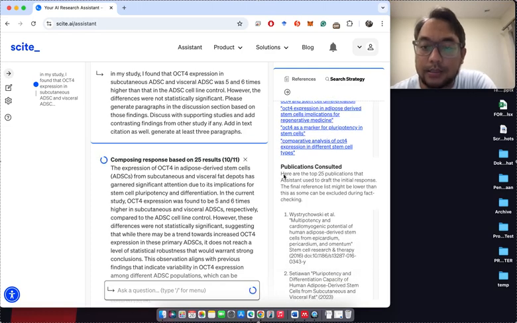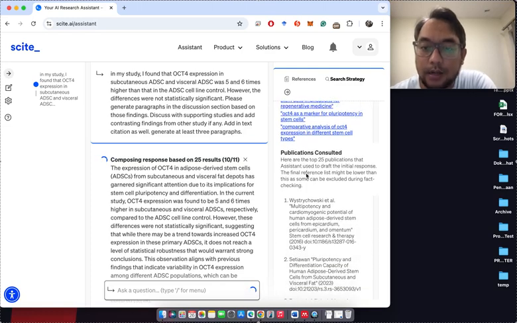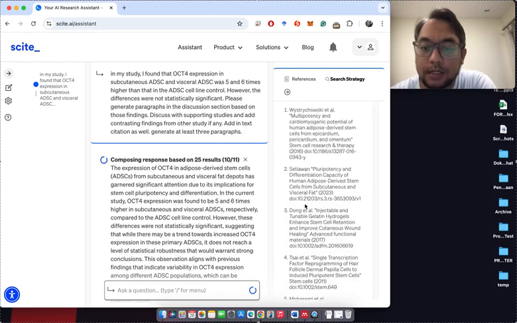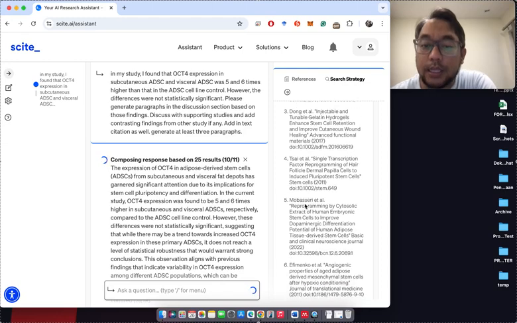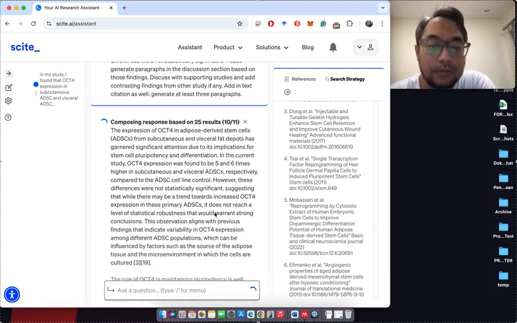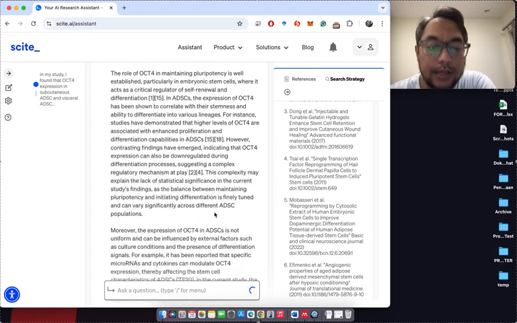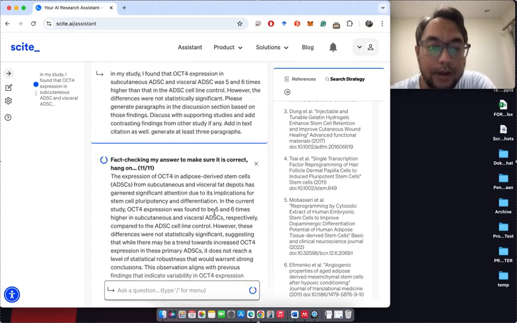They already collected 25 publications. This is the list of publications that they use to cross-reference with the prompt that I gave. Now the AI has already generated 3 paragraphs.